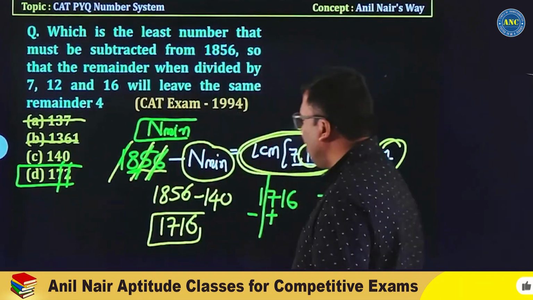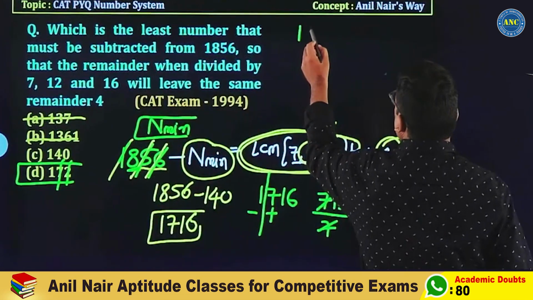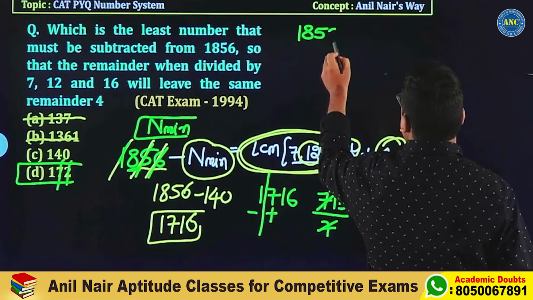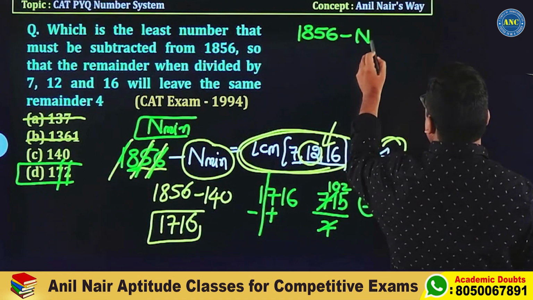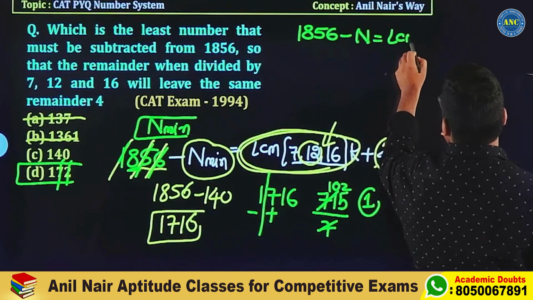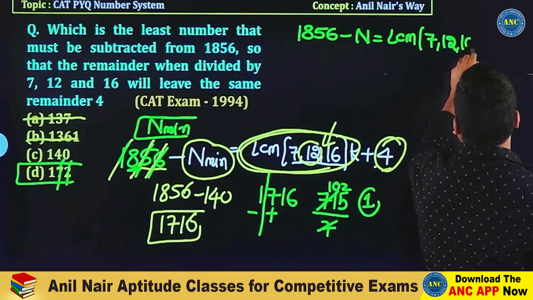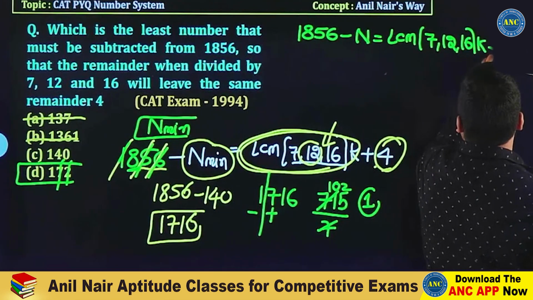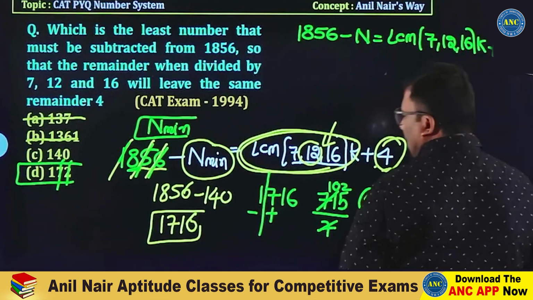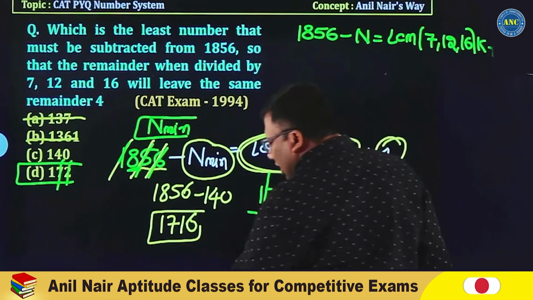Again I am telling you how I am solving: without using any high-end divisibility rules. 1856 minus n is LCM of 7, 12, 16 into k plus 4. Observe carefully here.